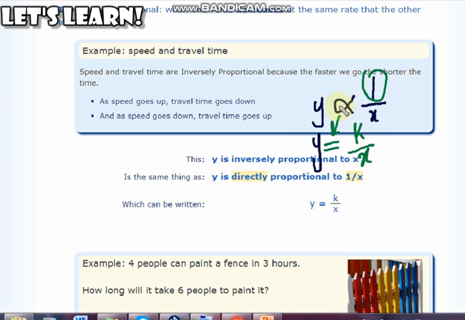So in place of proportionality sign, we are having an equal to sign and we are having a K.